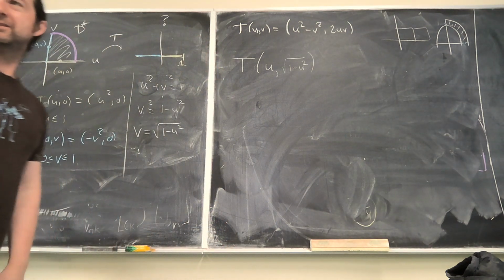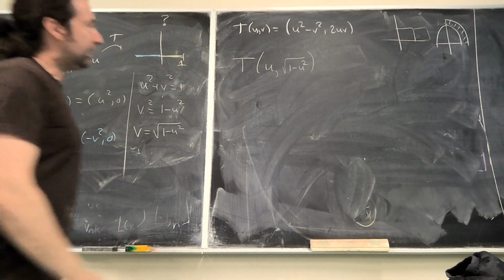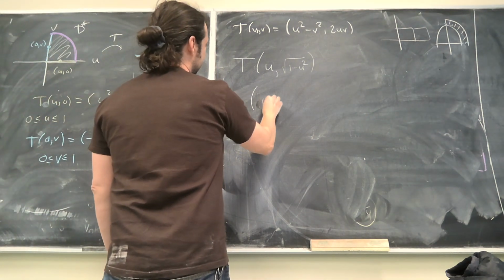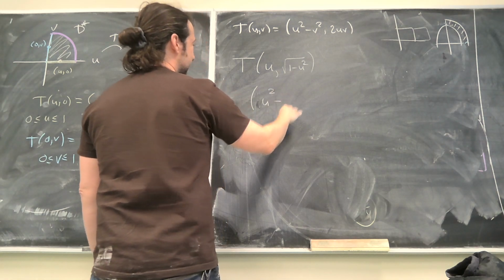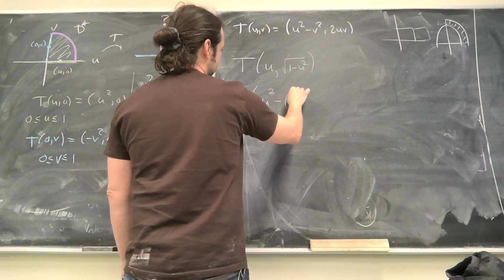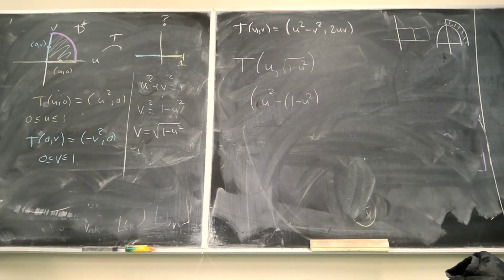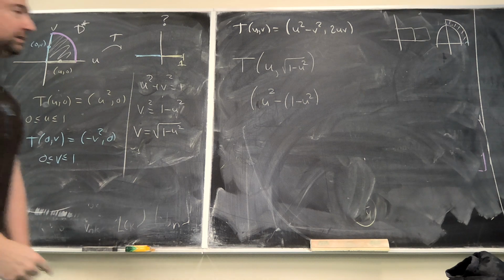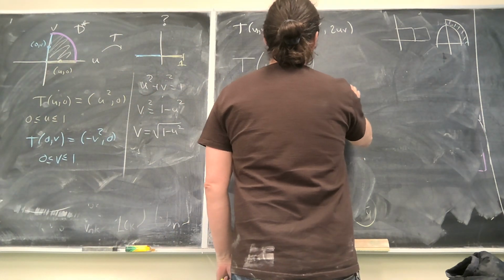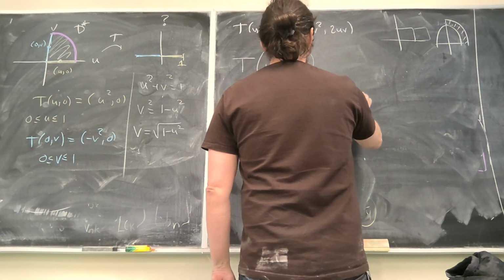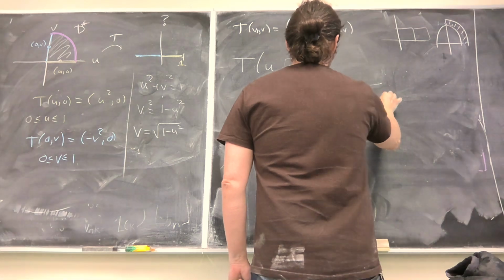Yuck. So the x variable is u squared minus the square of that, which is 1 minus u squared. Isn't that v squared? And the other variable, we get 2 times u times the square root of 1 minus u squared.